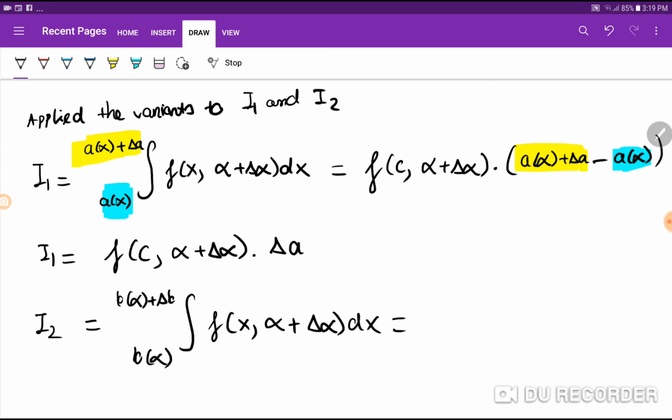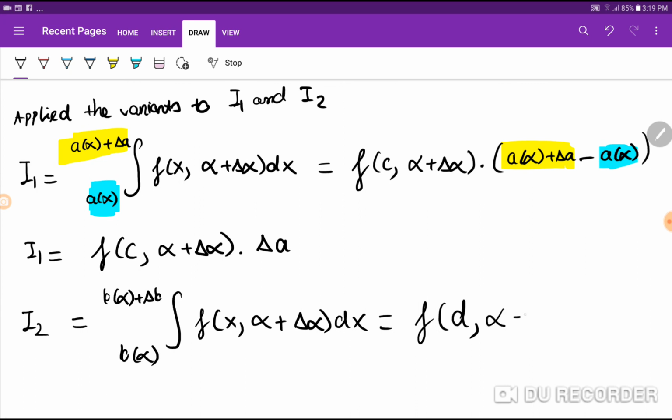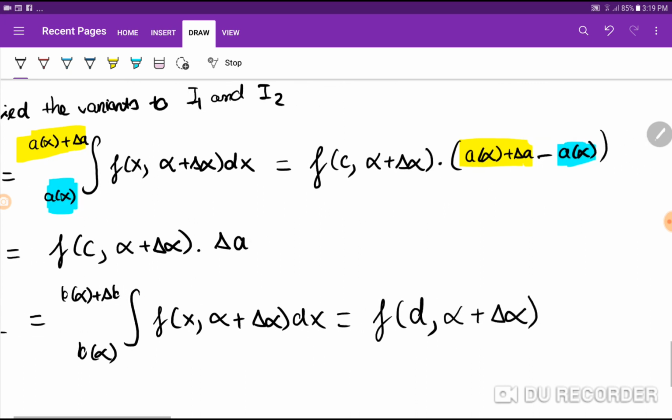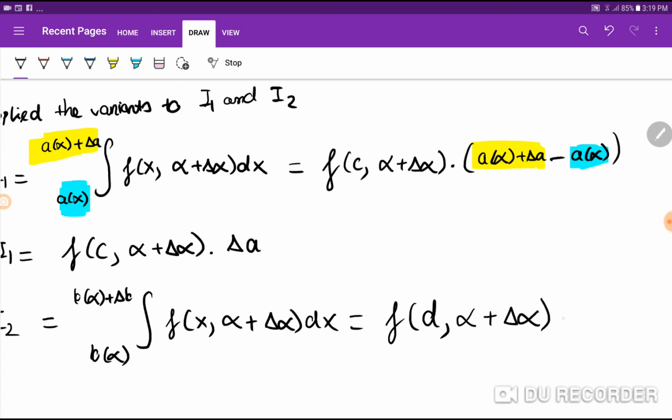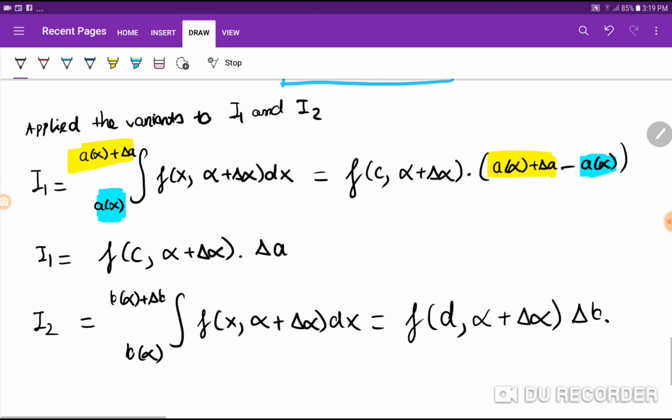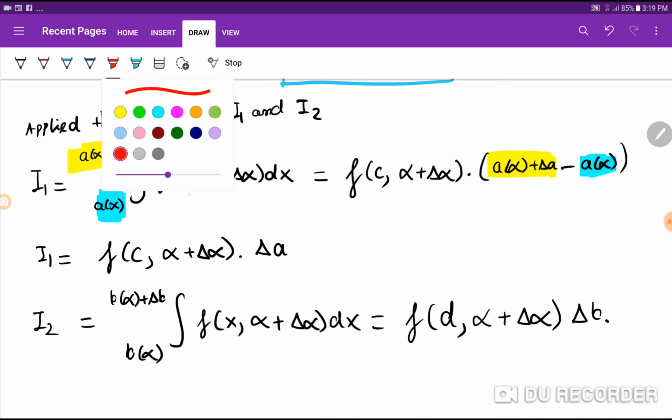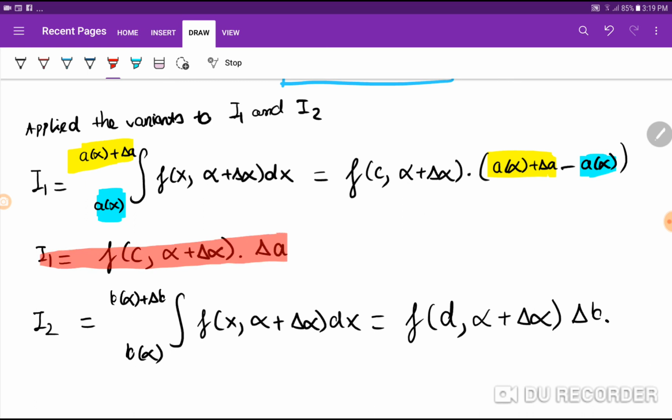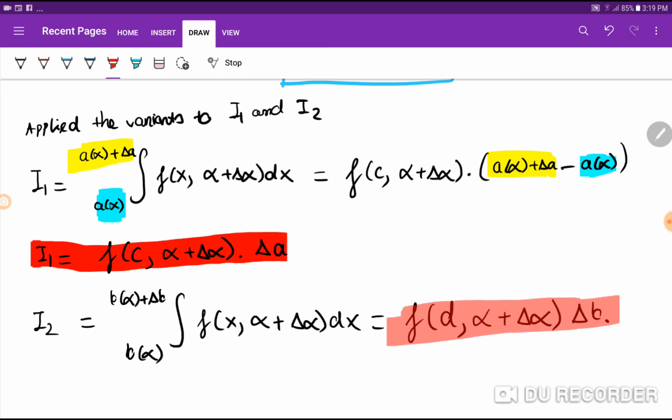It will equal f, and instead of calling it c, I will call it d, of (d, alpha plus delta alpha) times delta B. Understand? This is just, let me use red, this is our I1, this is our I2.